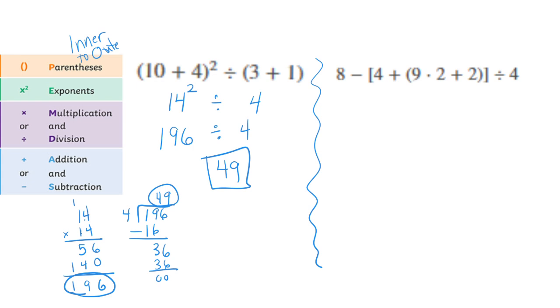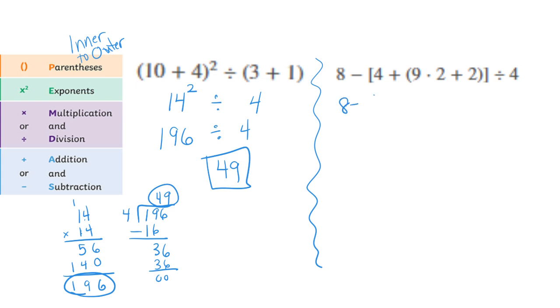So what that means is I'm going to work inside those parentheses first, and then work out towards the brackets that are there. So inside the parentheses, I see a 9 times 2 plus 2. I have to do that multiplication first.